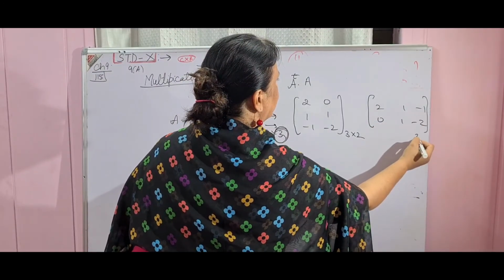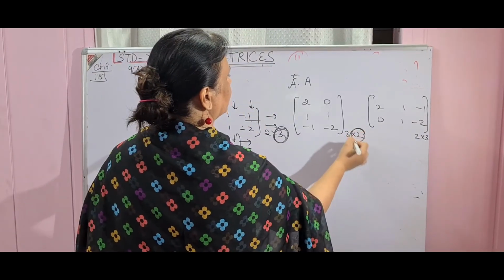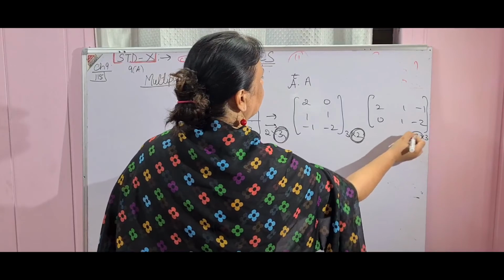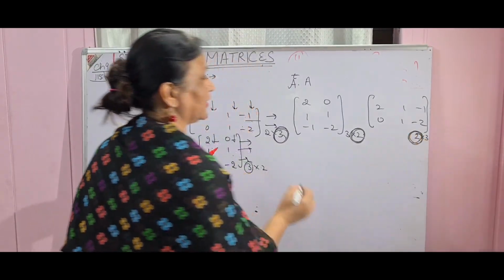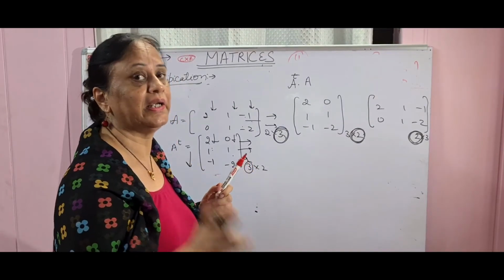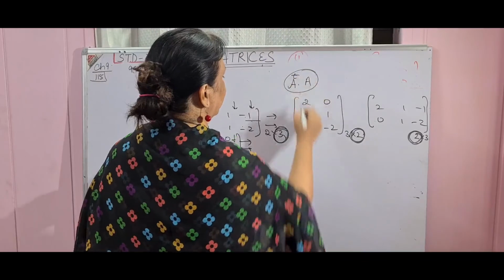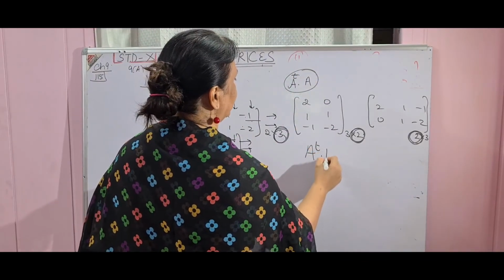This is 2, 3. So see, number of columns of first matrix is equal to number of rows of second matrix. I am talking again and again. Number of columns of first matrix is equal to number of rows of second matrix. So multiplication is compatible. Compatible means possible.